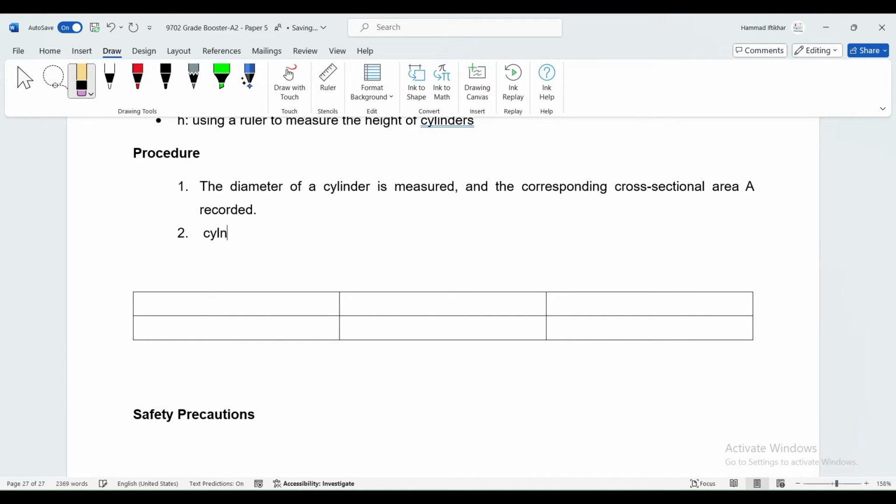Cylinder, heater, and a thermometer are placed in a beaker as shown in the diagram.